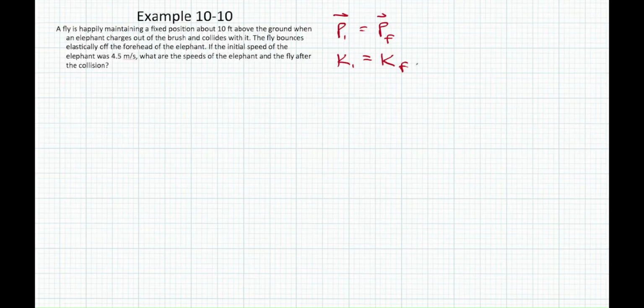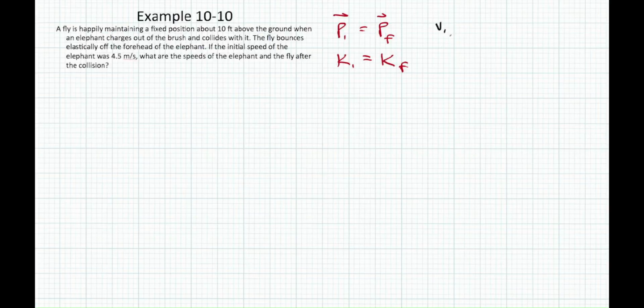Okay, so we have a scenario here with an elephant, and one thing I should also write down is these two equations that I didn't derive for you, but that could be derived from the two conservation of momentum and energy equations.